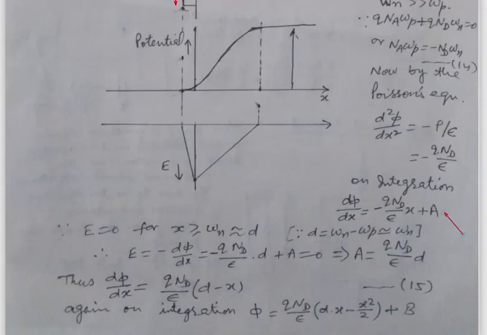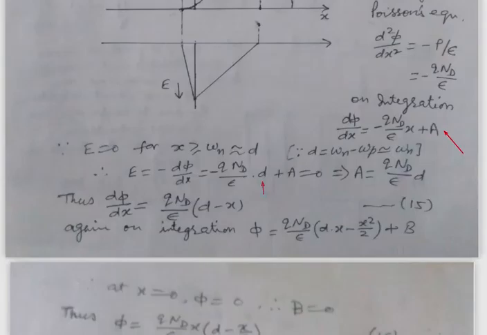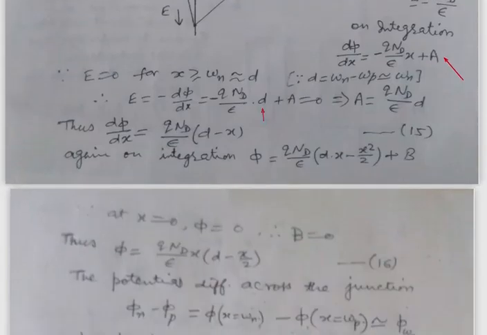So therefore the electric field, which is given by negative gradient of the potential, that is minus d phi over dx, is minus Q over epsilon into Nd plus d plus a. So here we have substituted the value of x equal to d. This will give us the constant a equal to Q Nd into small d over epsilon. Substituting this value, this will give us d phi over dx, given by equation number 15.